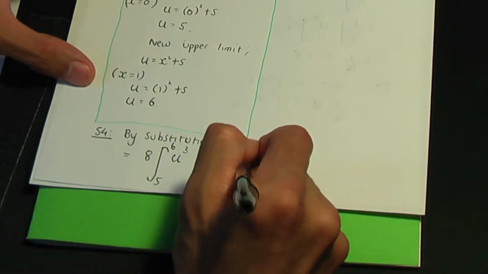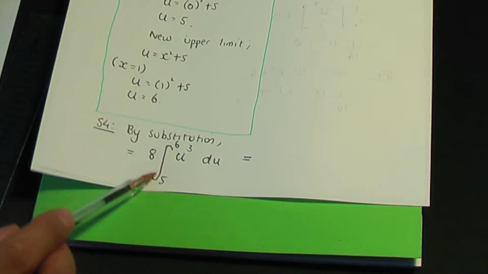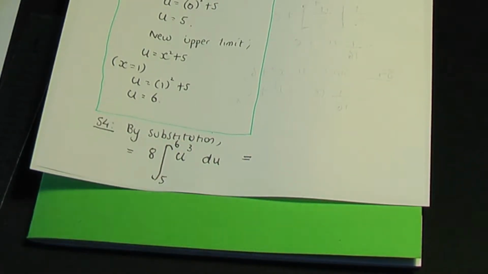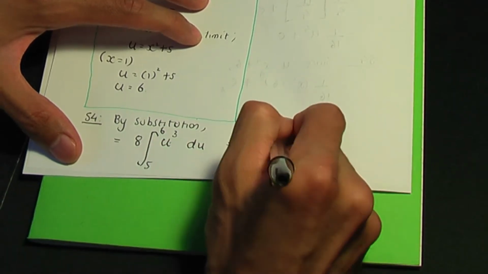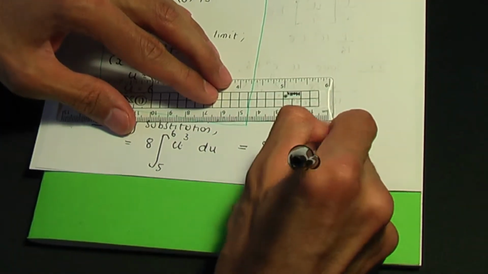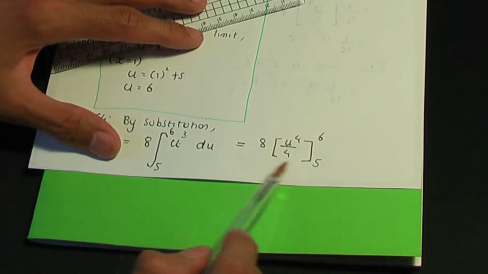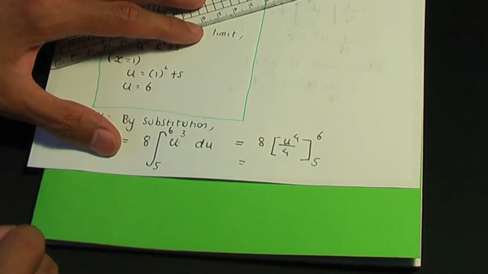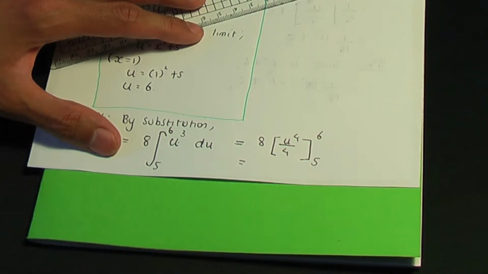What is left to be done is we need to integrate this using our new limits, and that will give us the final answer to the problem. If we integrate this, keeping the 8 constant outside, we integrate u cubed. It's u to the 4 divided by 4 using the basic integration rule, between limits 6 and 5. Remember to substitute your upper limit in first, then subtract, then substitute your lower limit.